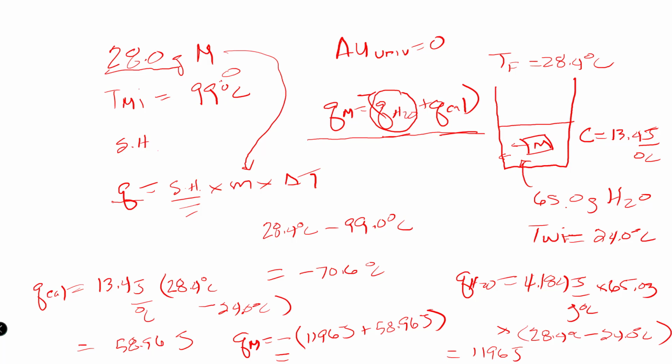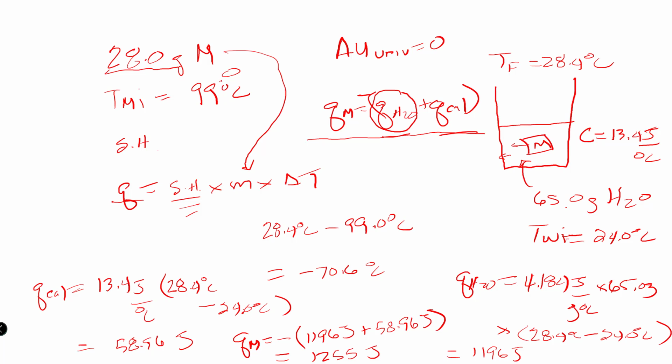So we add those together, we get 1254.96. I'm just going to say 1255 at this point. We only had three significant figures, and we're going to round off at the end anyways.